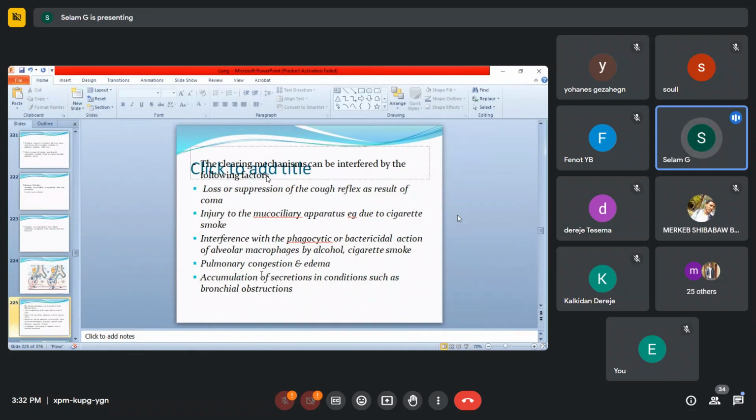Injury to the mucociliary apparatus, like due to cigarette smoke. It's a noxious stimulus. You're putting smoke where there should be pure air, and this injures the mucociliary apparatus. If the cilia are damaged, the upward movement and clearing of the mucus with the debris will not happen.